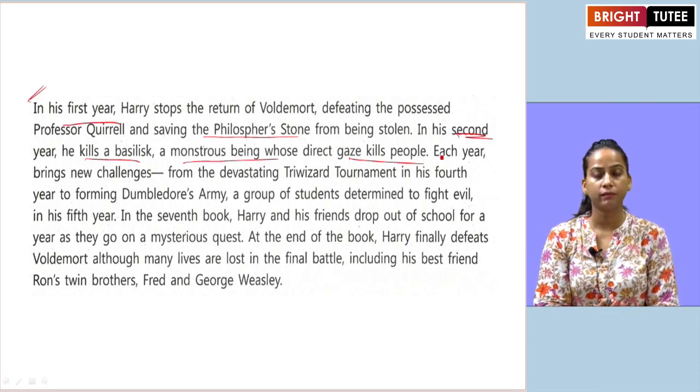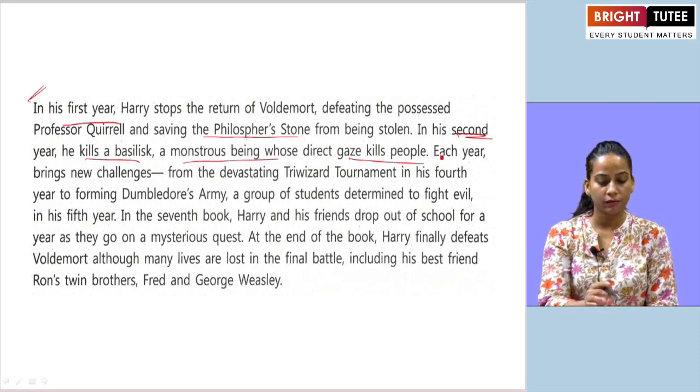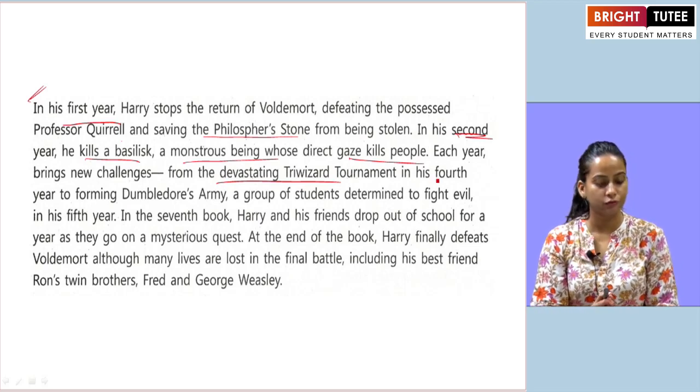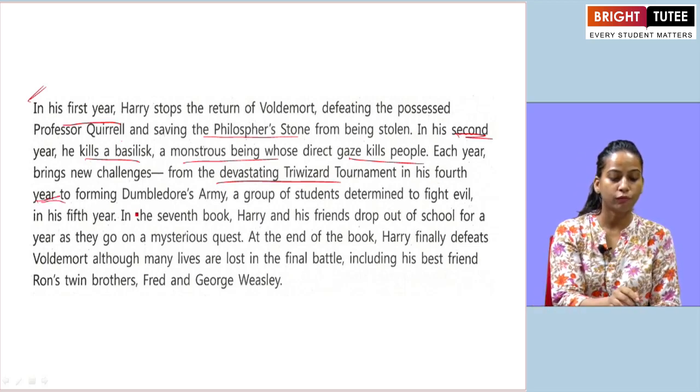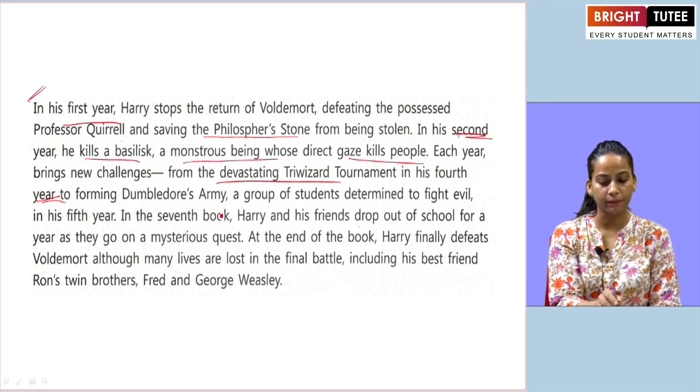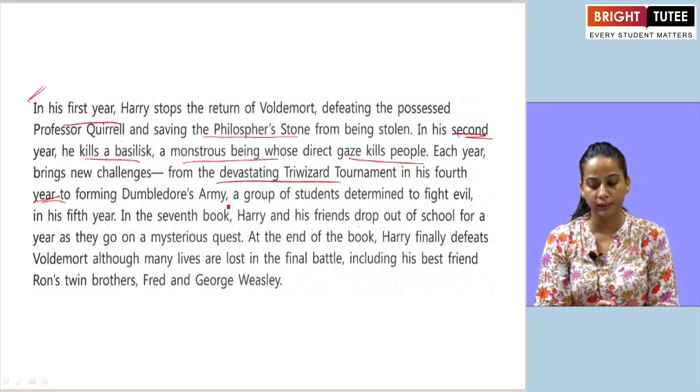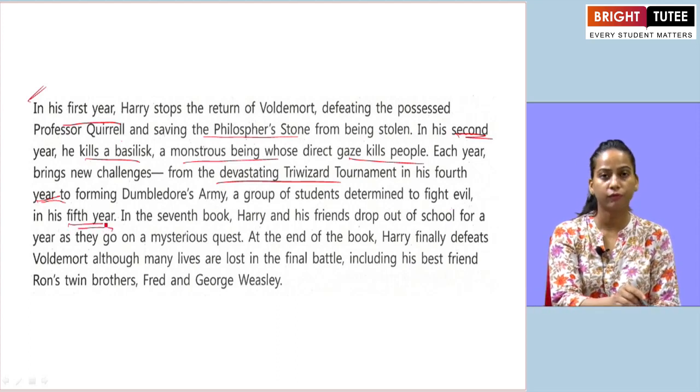Each year brings new challenges, from the devastating Triwizard Tournament in his 4th year to forming Dumbledore's army, a group of students determined to fight evil, in his 5th year.